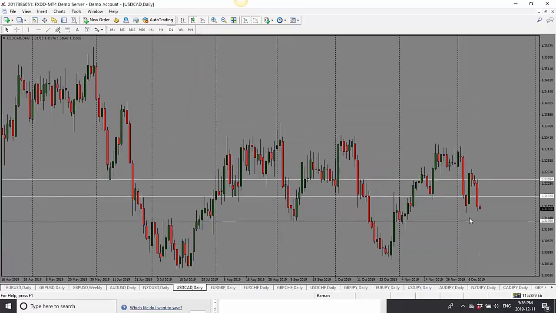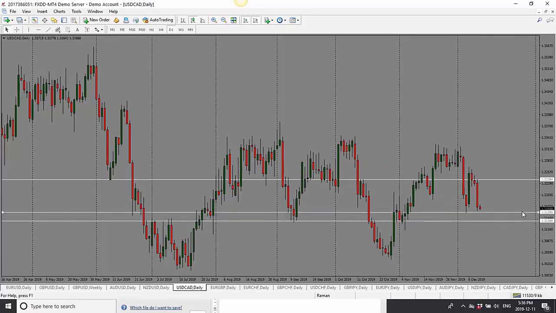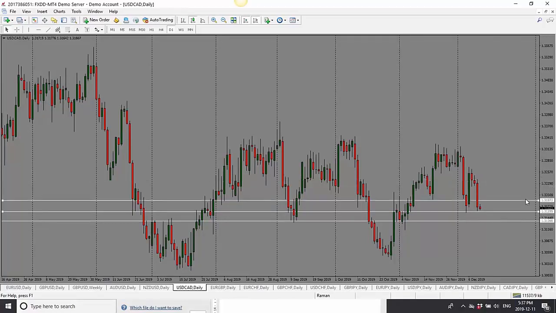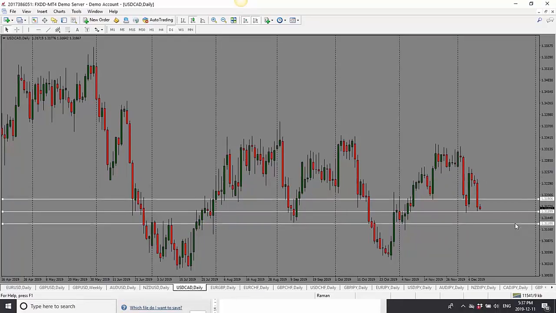Dollar CAD, we got the drop here. Price is into support. So keep that in mind. If it doesn't break the low here, it could turn around. But it is bearish, and I will look for a drop here. Next target here is 1.3130, and then below that 1.3115.